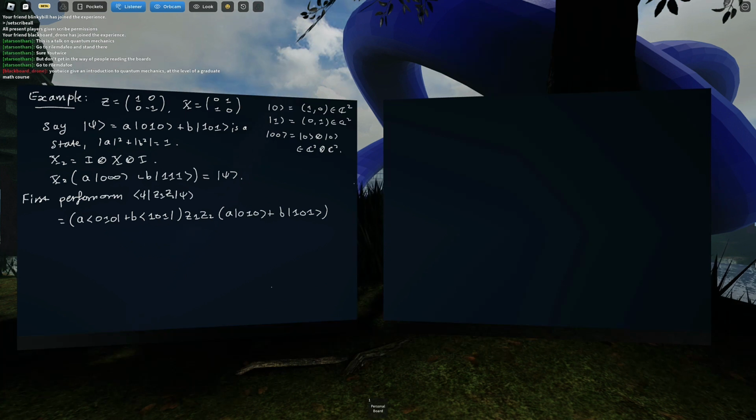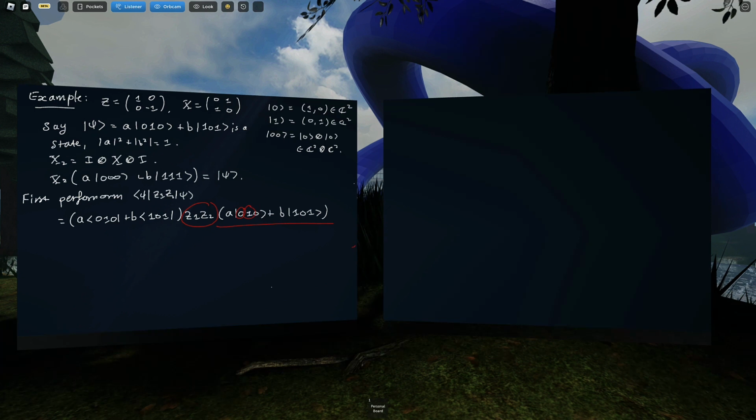Okay, and then if we apply Z1 Z2 to this, then what we notice is that the vector 0, which is part of the, okay, so let's think about this operator acting on this vector. Z1 Z2 applies Z to this component, and then Z to this component, and Z applied to 0 is just acting like the identity, so it just gives back 0, but Z applied to 1 is giving you back -1.